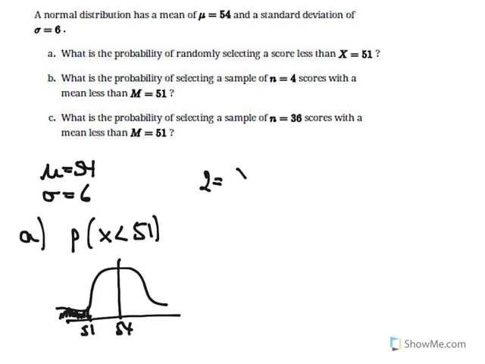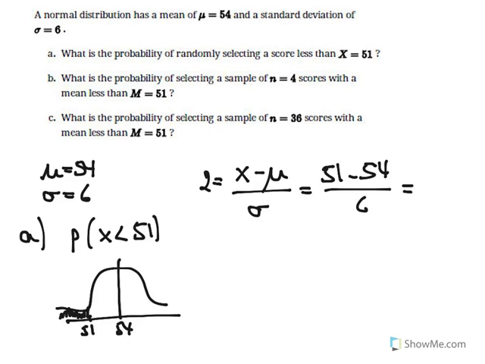Our z formula is x minus the mean over the standard deviation. So 51 minus 54 over 6 is just going to give you a negative z-score of 0.50.